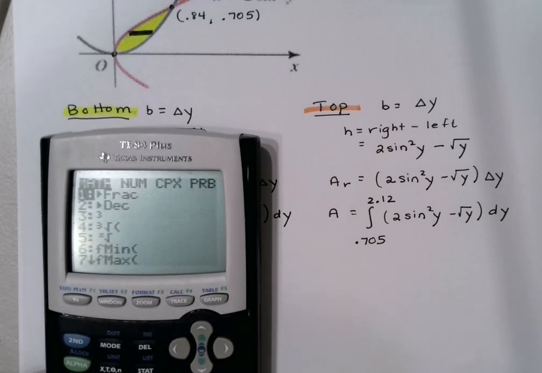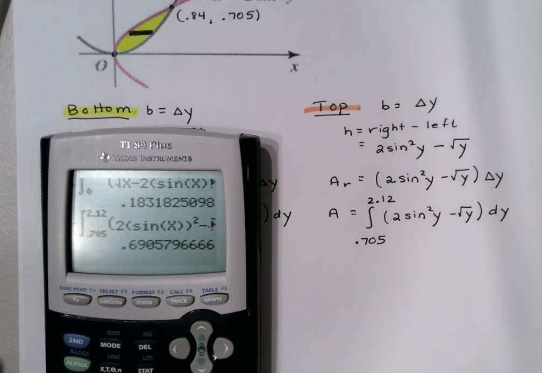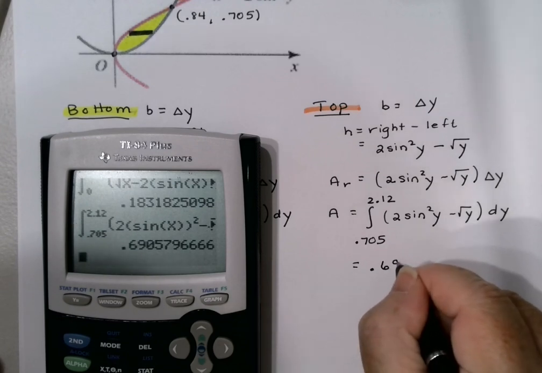This would be a pain to do by hand. This time I get about 0.691 if I'm rounding to 3 decimal places.